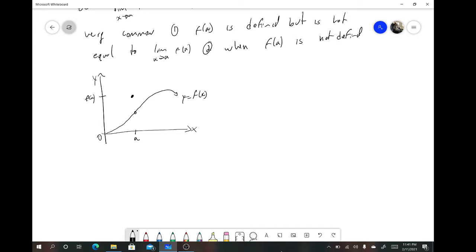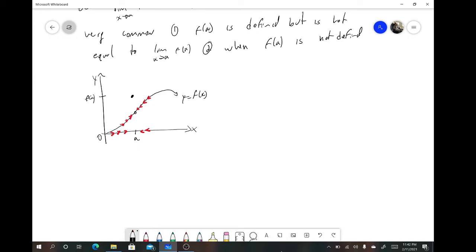So in this case, f of a is defined, but f of a here is not equal to the limit as x approaches a. Because if you notice, as the x values get closer and closer to a on the x-axis, on the y-axis the output values are getting closer and closer to this open hole here.